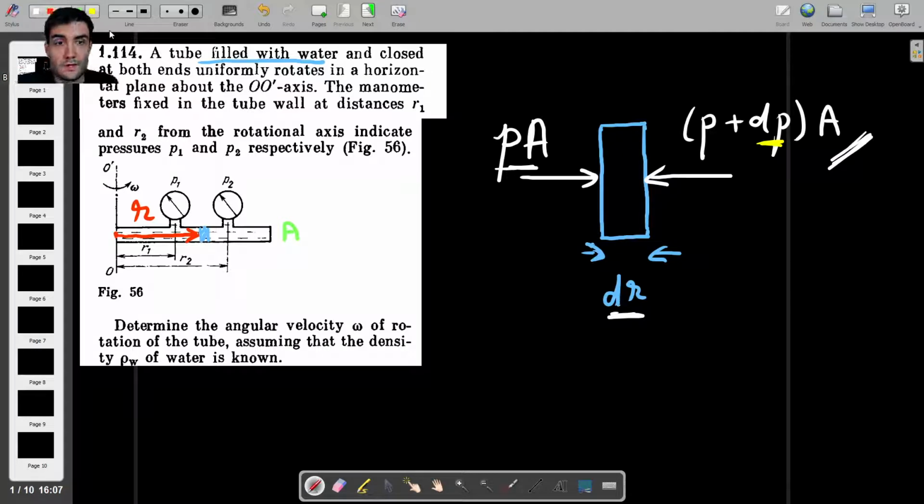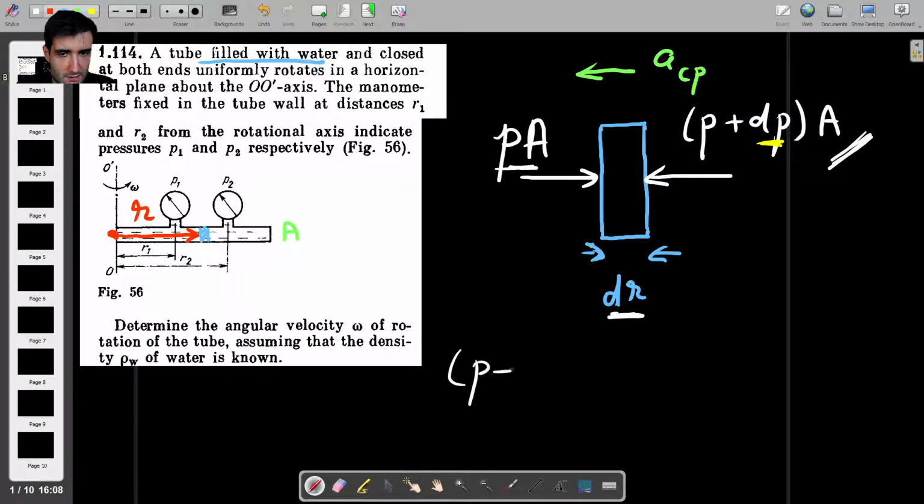And we know what that resultant force produces, and that is a centripetal acceleration, because this tube is rotating, which means that each fluid element has a centripetal acceleration pointing towards this axis of rotation here. So let's write Newton's second law in this way.